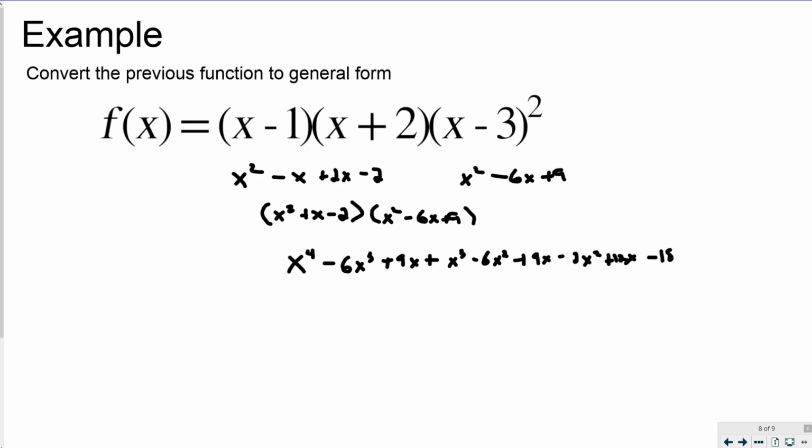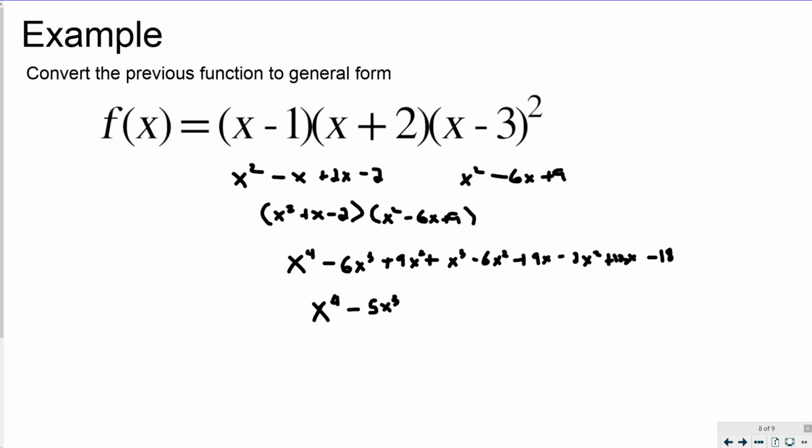So if I combine all my like terms really quick, I get x to the 4th. I've got minus 6x cubed, and x cubed here is going to be minus 5x cubed. Then I've got a 9x squared. Forgot to put my square in there.